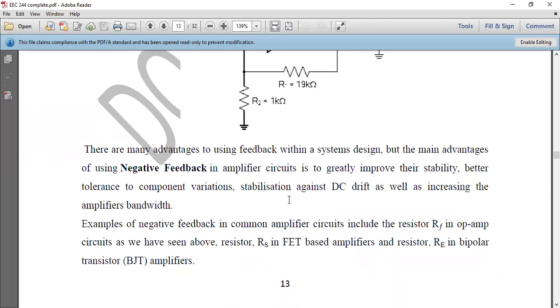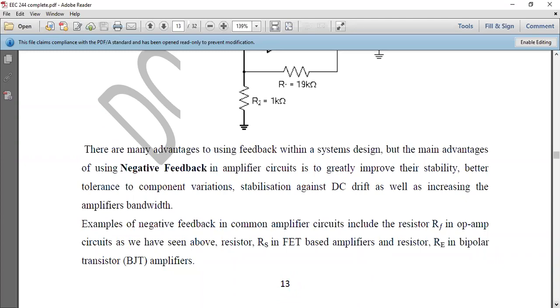We have mentioned all these points previously. Those are the advantages of negative feedback on an amplifier. It stabilizes against DC drifts, has high tolerance to component variations such as those due to temperature rise, and has an increased amplifier bandwidth.